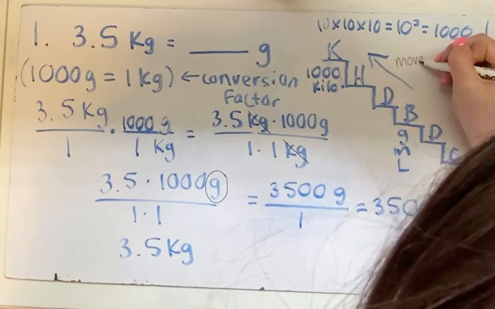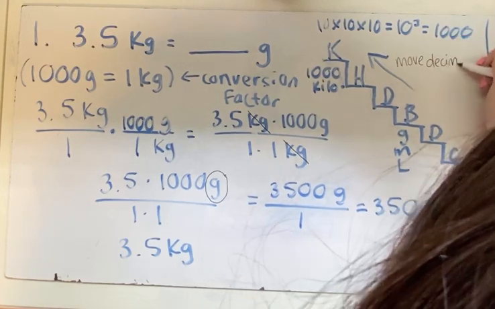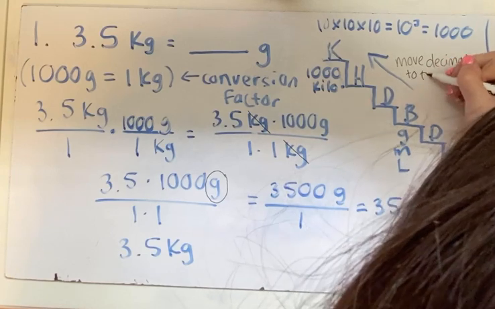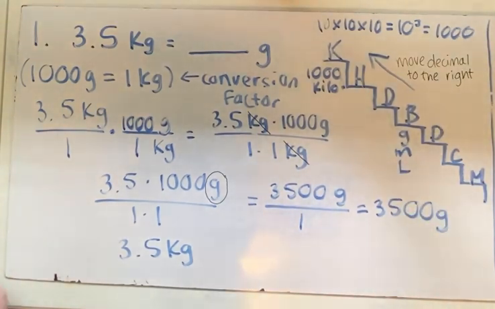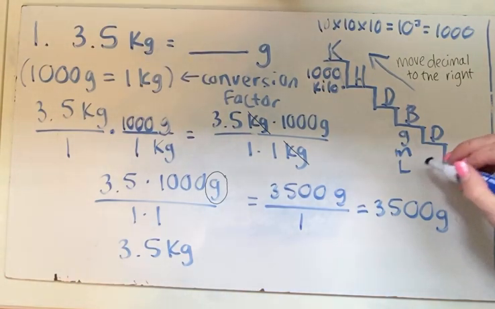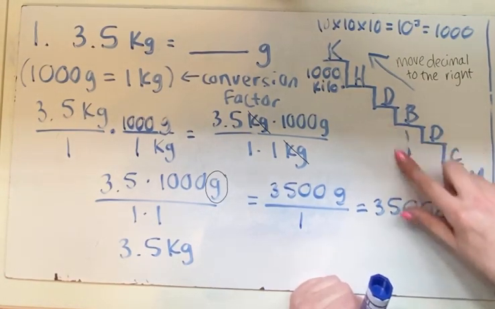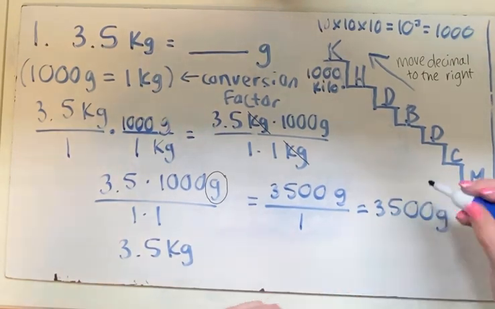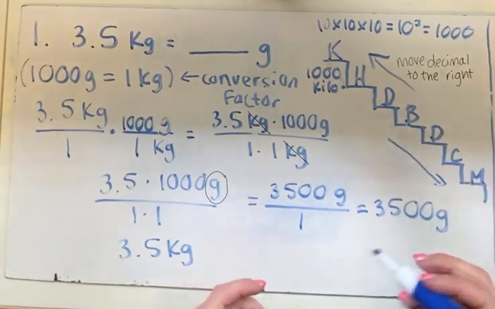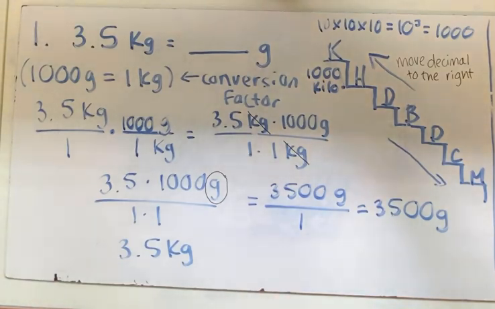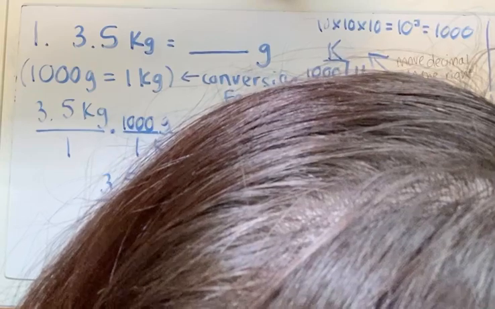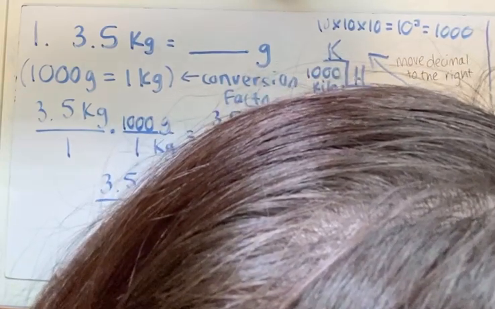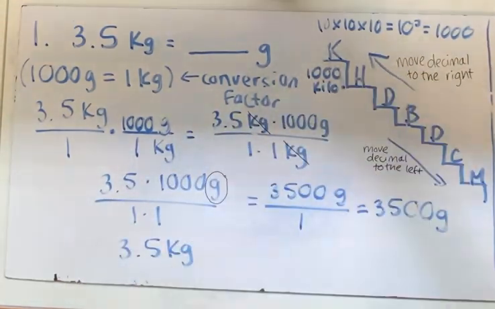Move decimal to the right as you go up the metric staircase. If you're going down on the metric staircase, the other direction, I'm going to erase these base units here for a second. If you're going down on the metric staircase, you're going to move the decimal place to the left. Okay? So we're going to try that next.